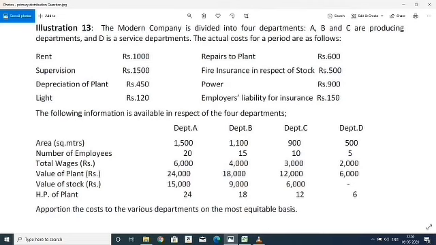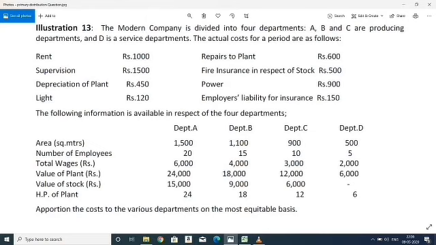The actual costs for the period are as follows: rent rupees 1000, supervision rupees 1500, depreciation of plant rupees 450, light rupees 120, repairs to plant rupees 600, fire insurance in respect of stock rupees 500, then power rupees 900, employer's liability insurance rupees 150.